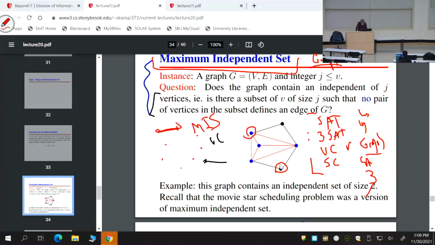Are all the other vertices, the n minus, in this case, 2 vertices, do they represent a vertex cover? Well, if I pick this vertex, the black vertices now, boom, boom, boom, boom, those have to be a vertex cover. Why? Because every edge is going to kiss one of these.